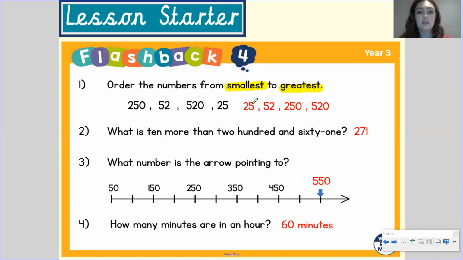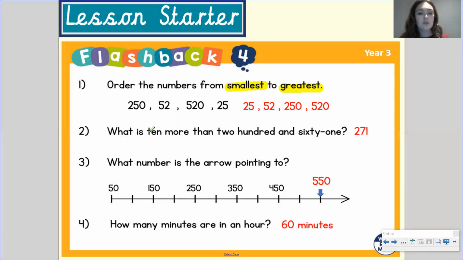You then needed to find the next number up, which is 52. Then you needed to find the next number up from that, which is 250. And finally, find the greatest number, which is 520. So please give yourself a tick if you got this order: 25, 52, 250, 520.